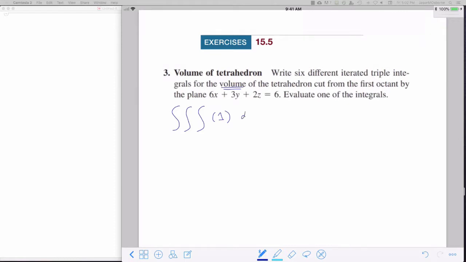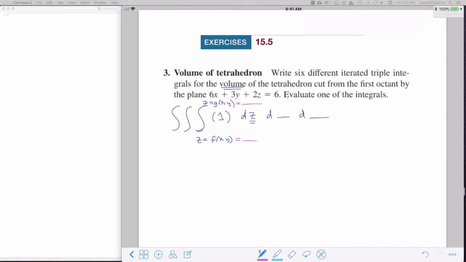One of the easiest integrals to set up, or the one that people think about the most often, is to do the z integral first, which means that z is going to be the first limits we need to set up, and the function can be a function of x and y. And z could be some other function of x and y. And it's up to us to figure out what these functions are going to be.